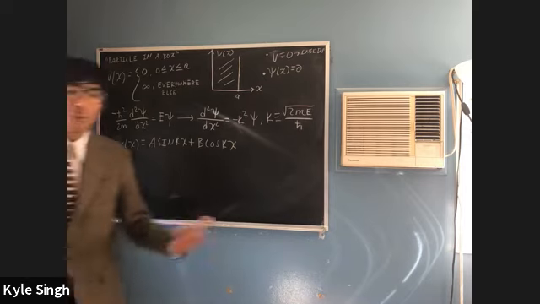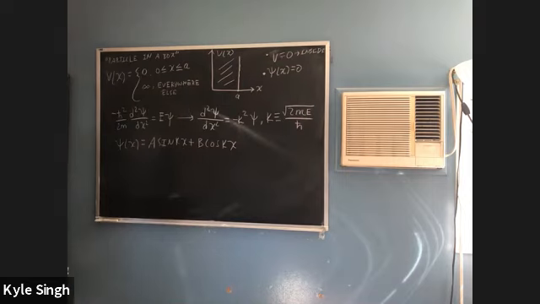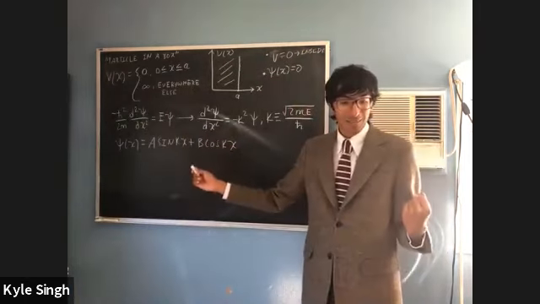They probably didn't tell you how they got them. Maybe they did, I don't know. A and B are what we need to calculate.